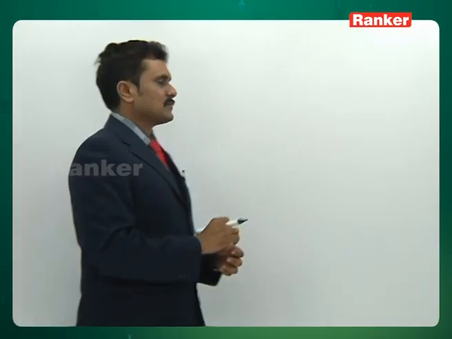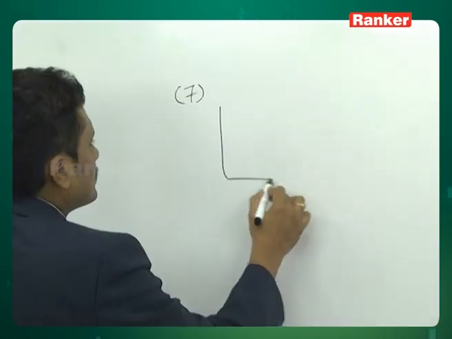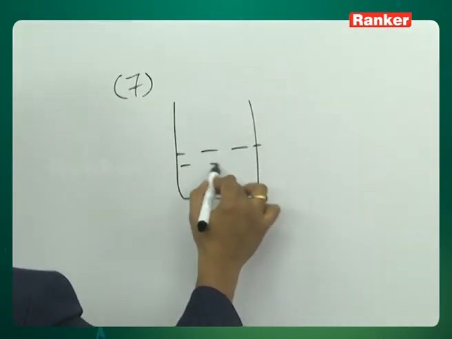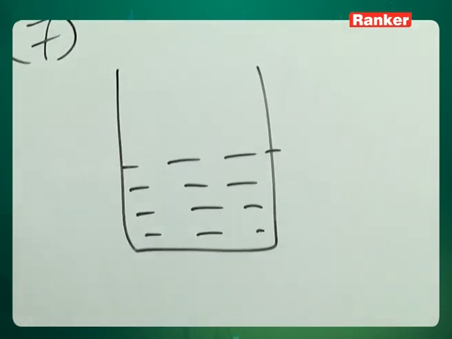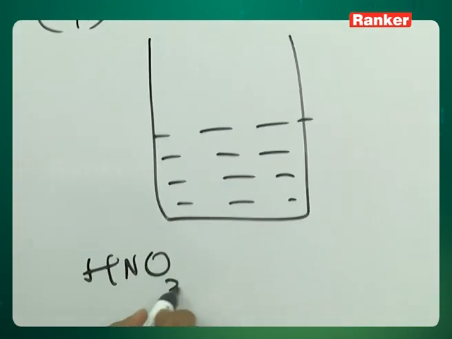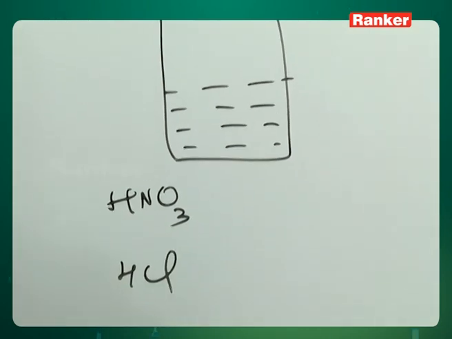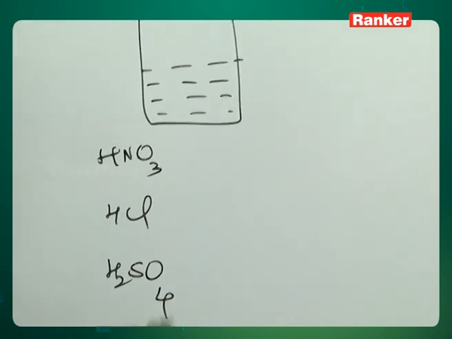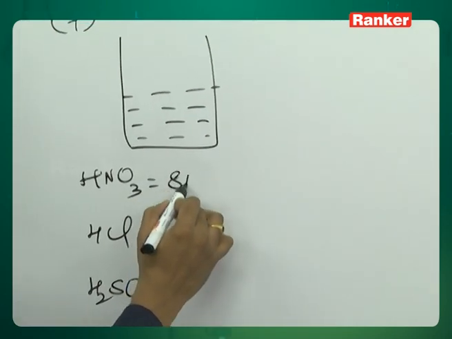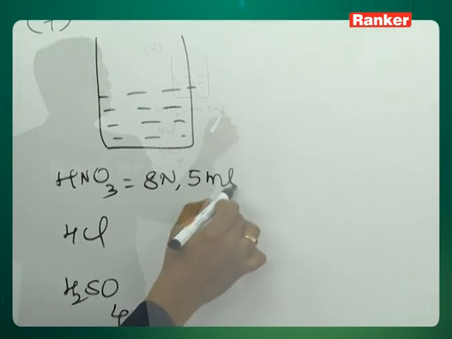Now you see in this particular problem, there is a container to which HNO3, HCl and H2SO4 are added in certain amounts, and those amounts are specified to you. As far as HNO3 is concerned, it is 8 normal and 5 milliliter.